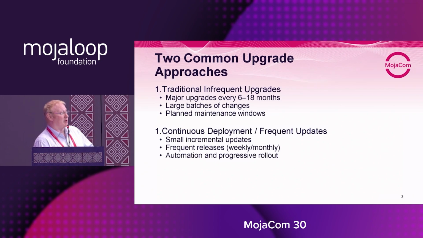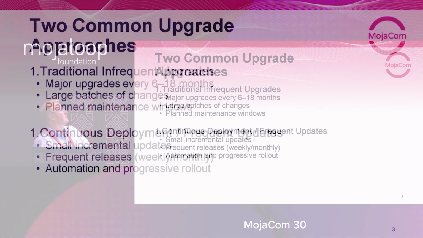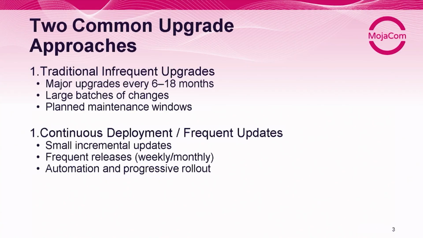They tend to happen at pre-planned intervals, so you have lots of time to prepare to manage the associated risks. On the other side of the spectrum is a more, I'm going to say modern, approach because it's not been around quite as long as the traditional approach: continuous deployment.